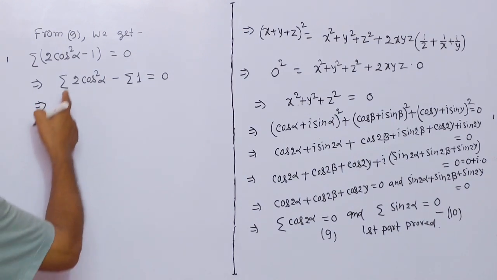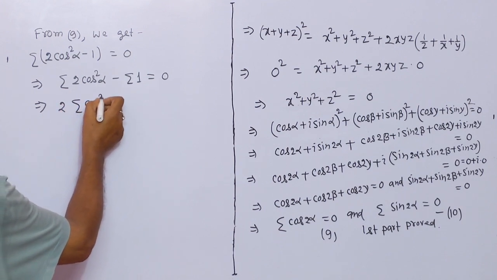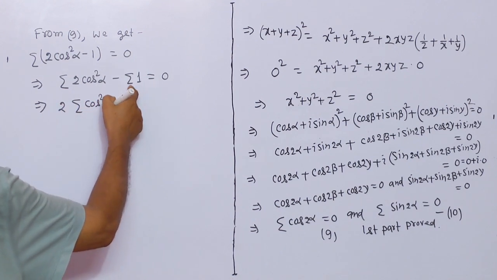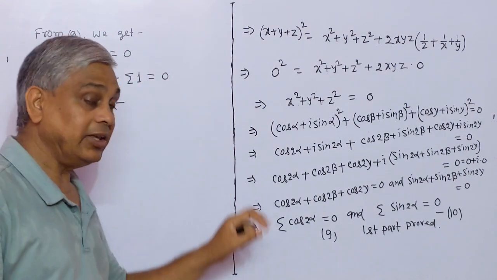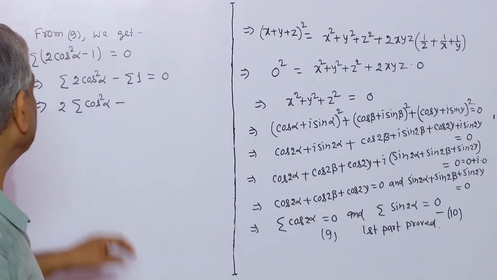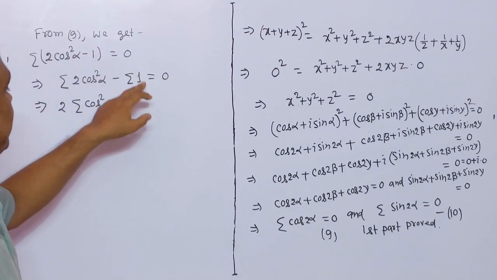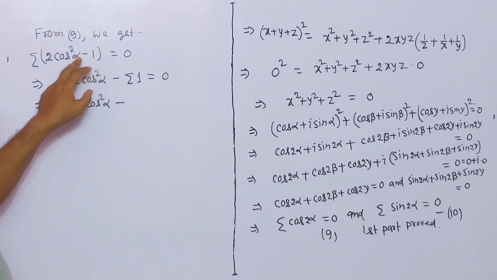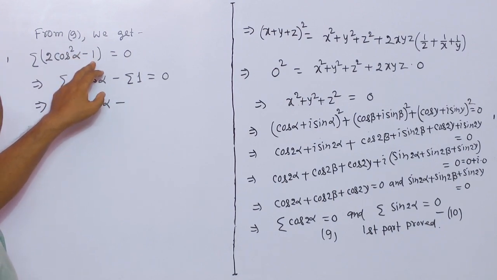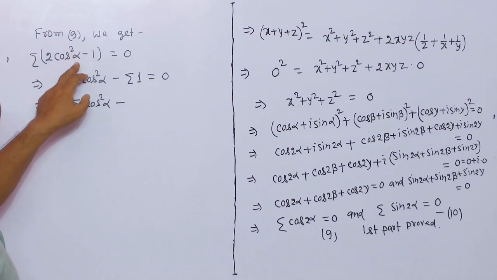Implies that we may take 2 outside, 2 sigma cos square alpha minus sigma 1 means here 1 plus 1 plus 1, thrice 1, because this 1 is for alpha and another one is for beta and another one for gamma. 2 cos square alpha minus 1 plus 2 cos square beta minus 1 plus 2 cos square gamma minus 1.